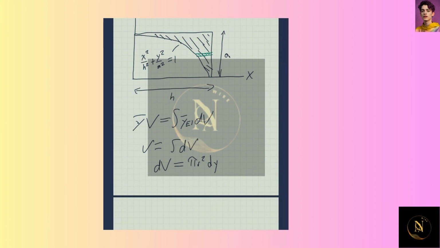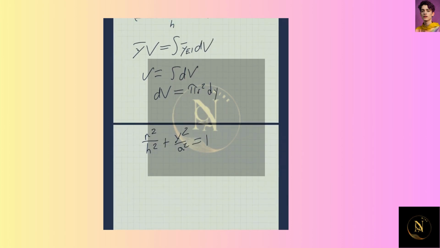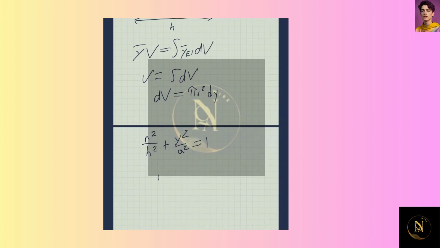And to do that, we can use the equation of the line they gave us. Since the radius goes along the x-axis, we can plug in the radius for x in that equation. So now it's r squared over h squared plus y squared over a squared is equal to 1.